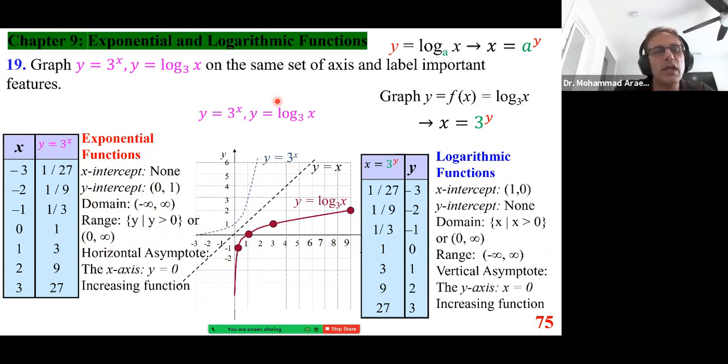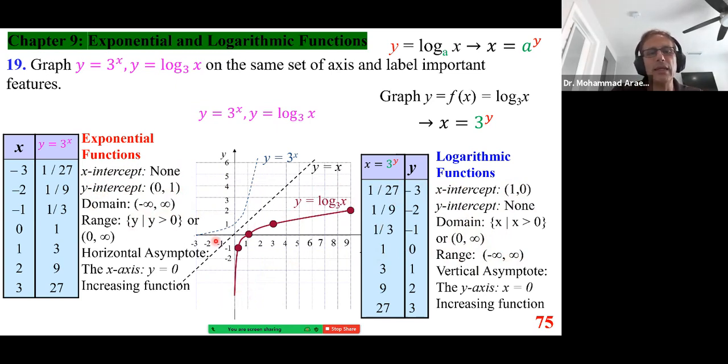Now, see, we didn't have the x-intercept. Now we don't have a y-intercept. Y-intercept at 0, 1, x-intercept at 1, 0. I hope you see because they are inverse function. Domain was negative to positive infinity here. Range is negative to positive infinity. And the domain is from 0 to infinity, like the range of the other.